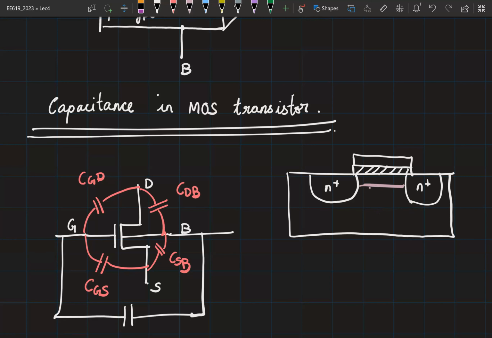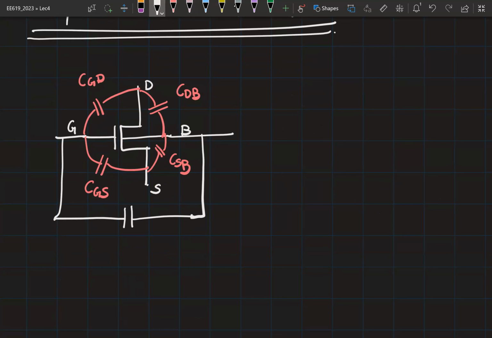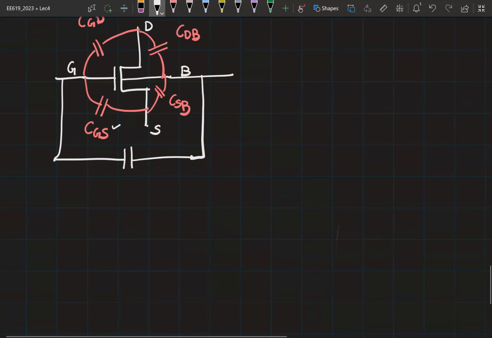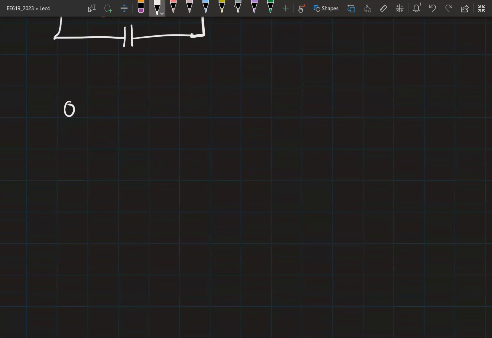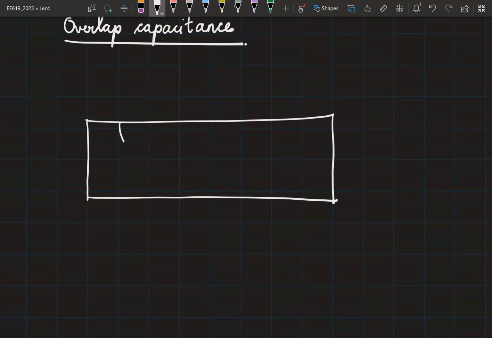Okay, so now let's start with some portion of the capacitance associated with CGS and CGD called the overlap capacitance. Have you heard of this term before? So let's say I have N plus regions as shown here.